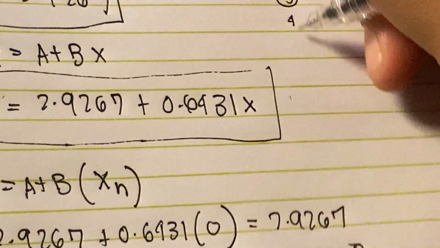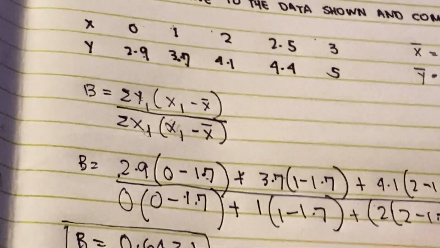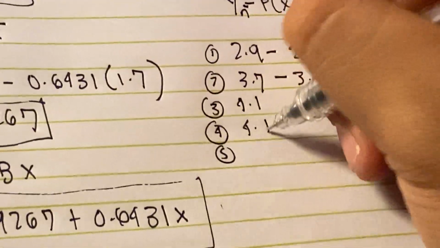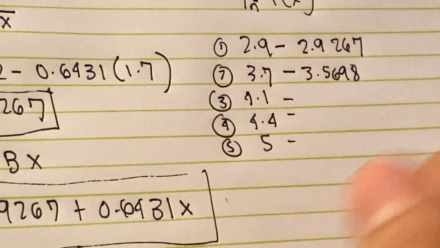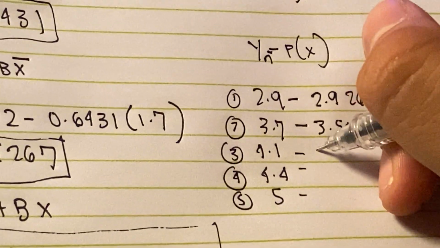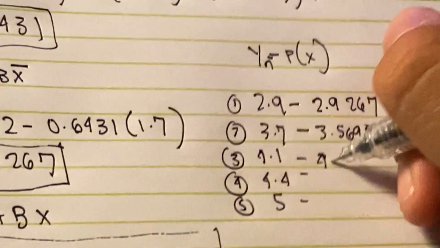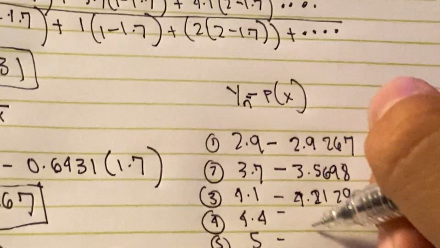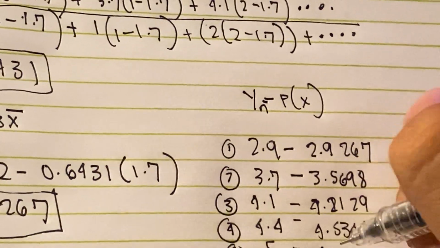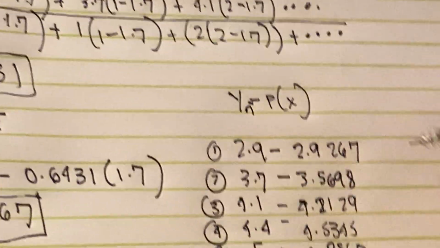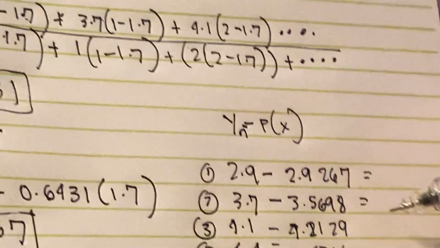Pangatlo, pang-apat, pang-5, copy mo lang din yung mga number of observations, 4.1, 4.4, and 5. Then, minus mo lang sa corresponding f of x, 4.5345, 4.8560.